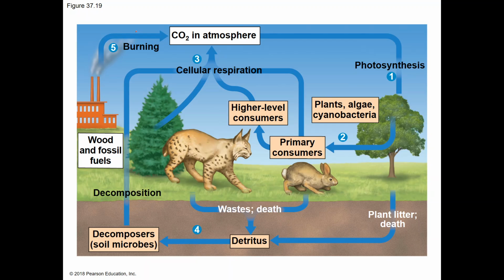It's raising the level of CO2 in the atmosphere, because as these things are burned, a whole lot of carbon dioxide is released into the atmosphere. And what we're finding is that this significant increase in carbon dioxide is leading to the global climate change that we're so concerned about, which is a real issue that we're facing today.